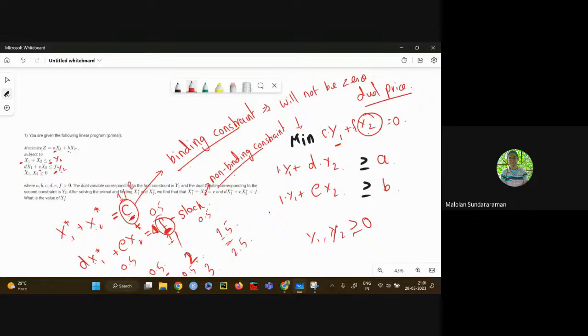For example, from 1, I bring it down to 0.8, 0.7, 0.6, 0.5. Up to 0.5, there will be no change in the optimal solution of x1 and x2. So the range of feasibility for F is 0.5 and above. That is known as sensitivity analysis.